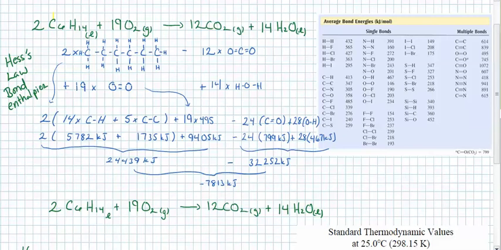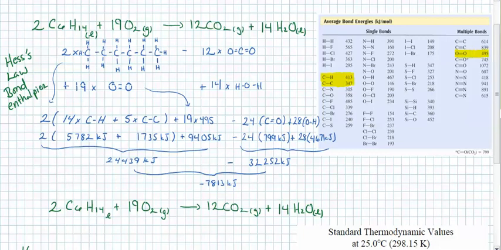So what I did is I took two C6H14s, and if you add them all up, you have 14 CH bonds. So 14 of those things. And then you have 5 CC bonds, 5 of those. And you have 19 O2 bonds, so you have those guys.